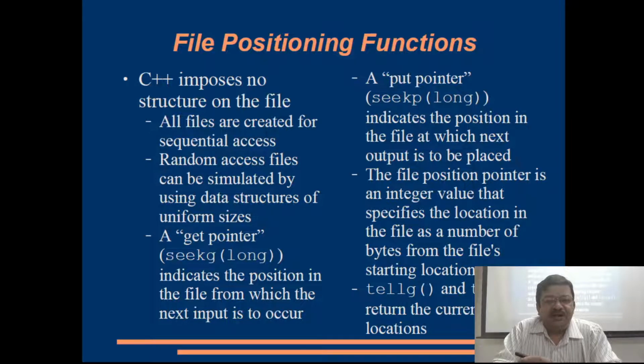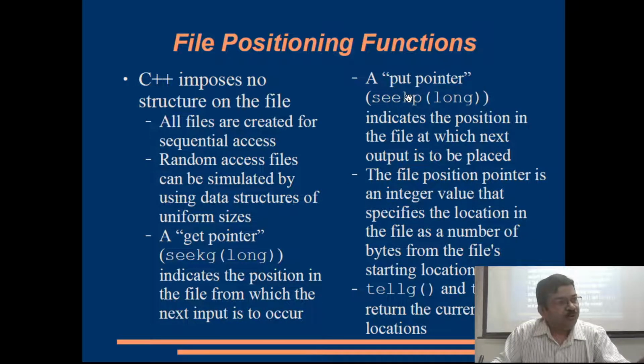So a get pointer is seekg, and that takes an argument of long integer type, which indicates the position in the file from which the next input is to occur. So you can specify where you should read the next data from.